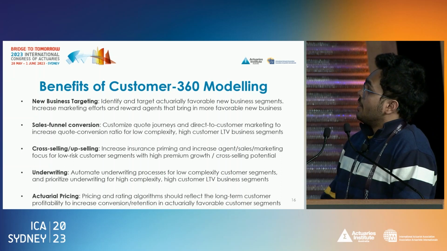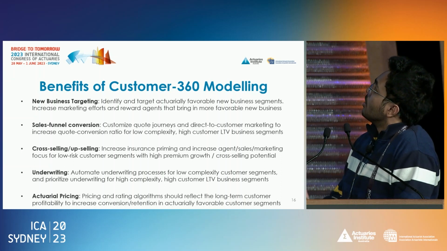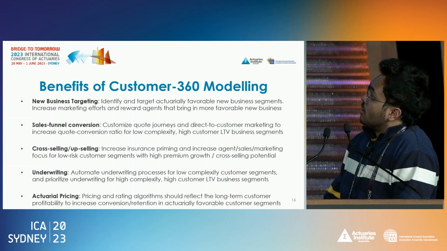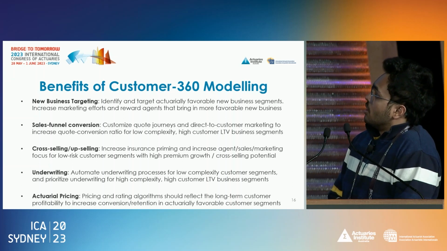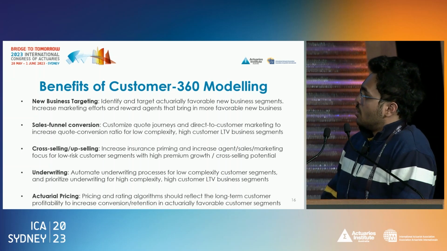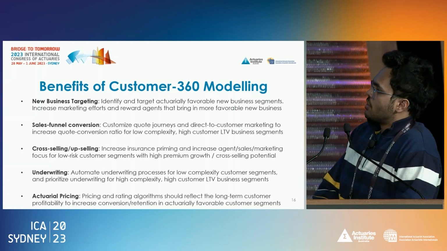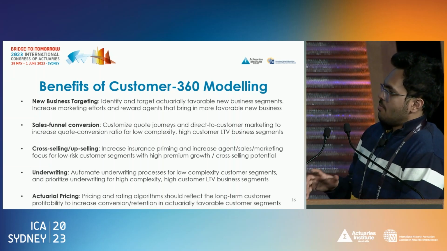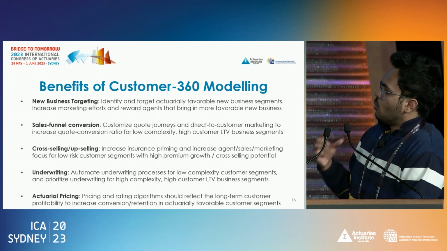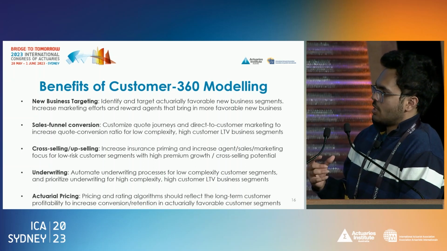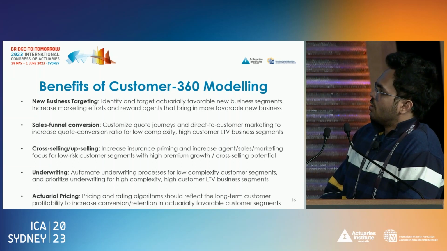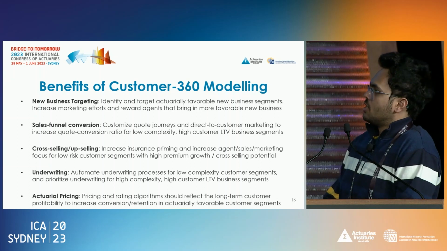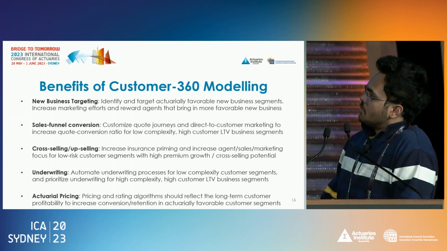It can also be used in targeted marketing messages during the quote to conversion journey, because typically in today's world for direct selling of insurance, everyone sees the same sort of messaging when they are quoting. So if I go online and try to find a quote for let's say an auto insurance or a home insurance, I'm seeing the same messaging that millions of other customers are seeing.